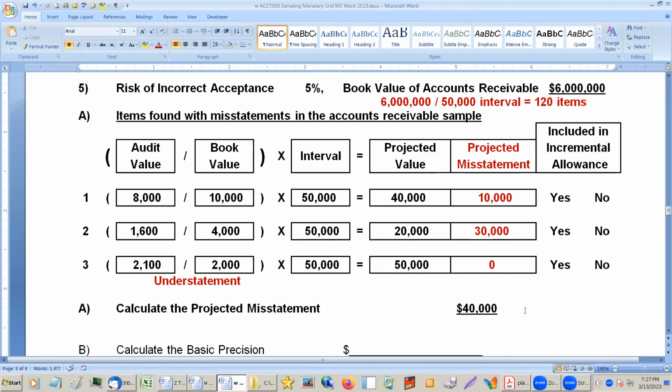Now, this is our best estimate. I'll put it over here. This is our best estimate of what the book is off by.